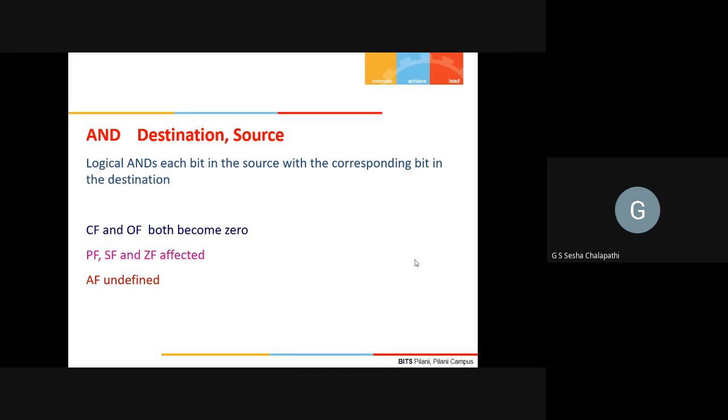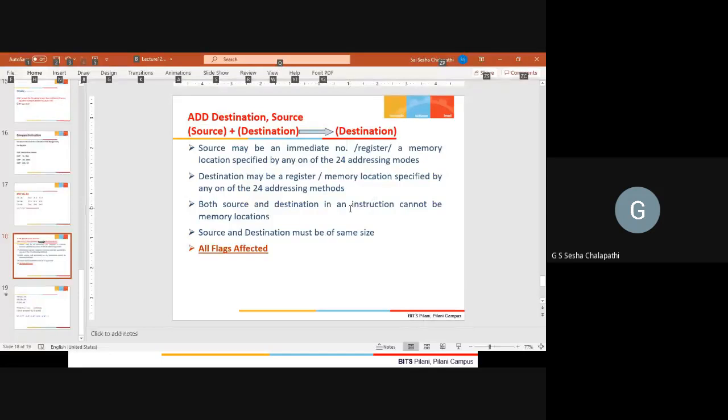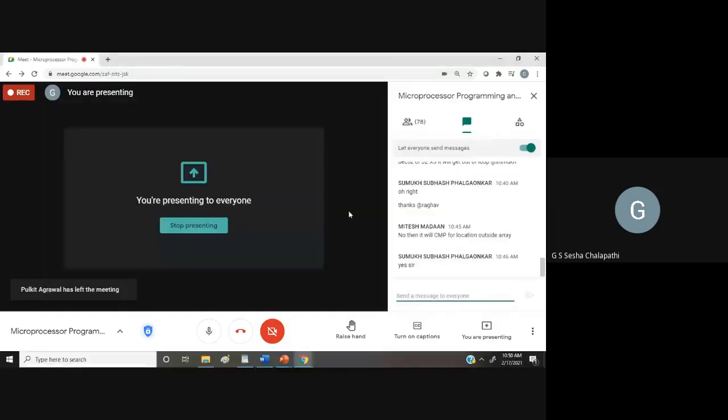Or fine, I think we will take it up in the next class only. We will perhaps first finish off the logical instructions and then come back to this, or we will go to the jump instructions in a little more detail and then come back to the logical instructions. Any doubts? If you have any, we can discuss. Otherwise, that's it.